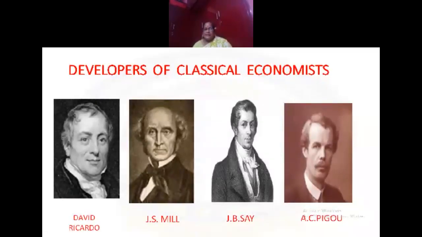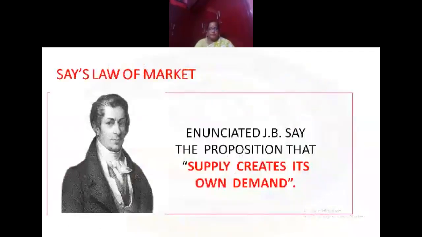According to J.B. Say, when goods are produced by firms in the economy, they pay reward to the factors of production. The households, after receiving rewards of the factors of production, spend the amount on the purchase of goods and services produced by them.